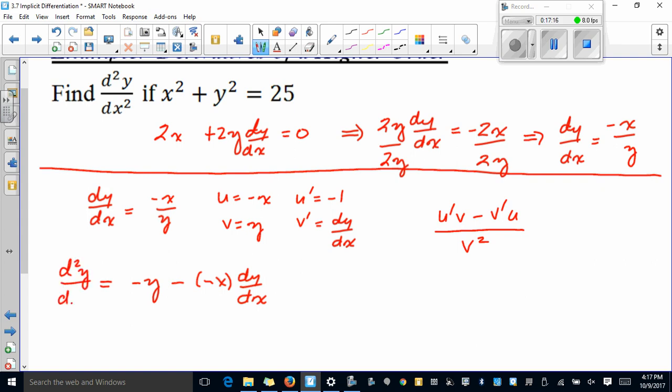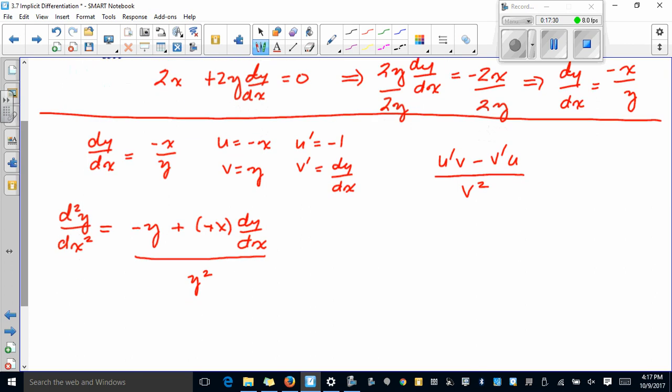Don't forget that this is over v squared, so y squared. So I have negative y. Yeah, we have to do some cleanup now because you don't want dy/dx in there. So you have negative y plus x times negative x over y, all over y.